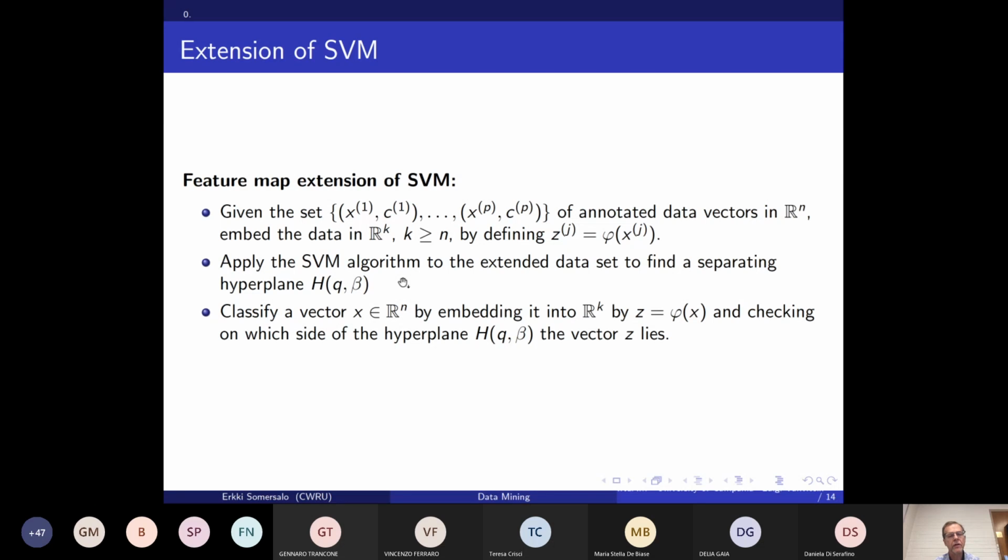Then we take the support vector machine and try to find a separating hyperplane H in this higher dimensional space. Once you have this separating hyperplane, if a new data point comes which you need to classify, you extend your unknown x into this higher dimensional space. Then you use the separating hyperplane that you just found, and check on which side this extended data point lives. Then you classify accordingly. So this is the whole idea here. It's a very straightforward and beautiful idea.